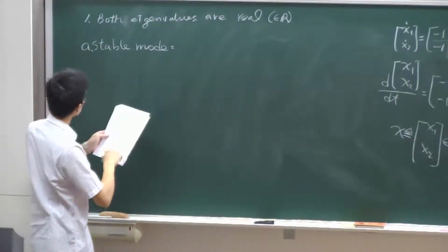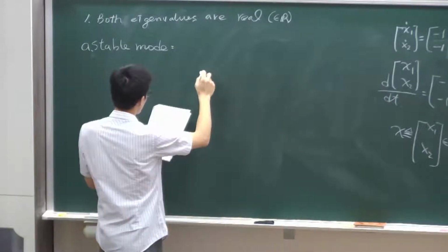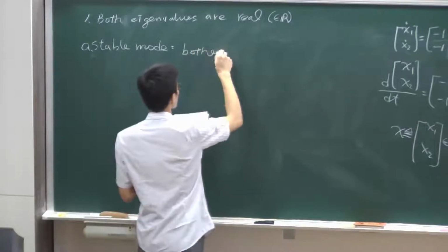Okay, three cases. The first case, stable mode, is when both eigenvalues are negative.